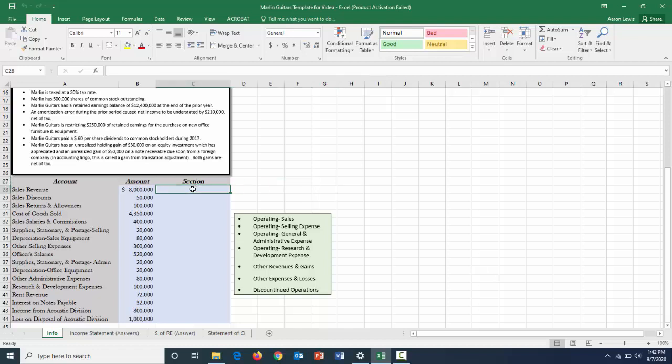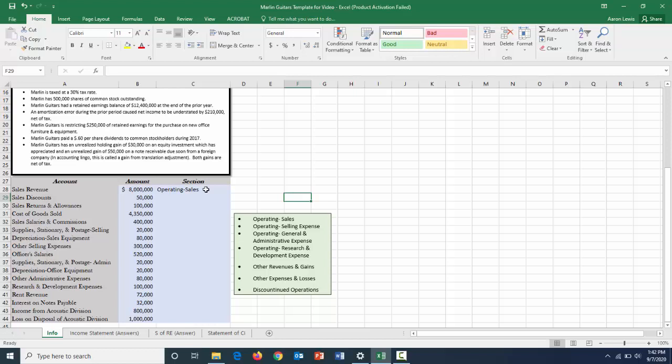Sales revenue. That goes into our operating sales section. And in the operating sales section, what we're going to display is all the things that are related to sales that aren't necessarily expenses. So if we gave a discount to someone for paying promptly or for ordering a large quantity, that would go in that section.